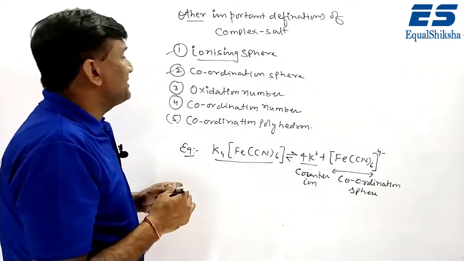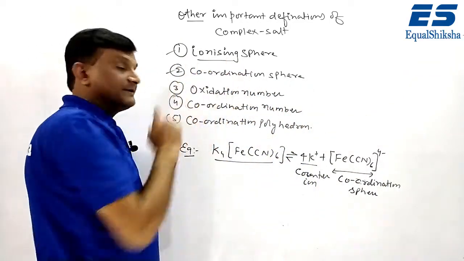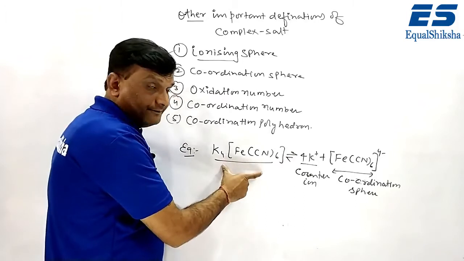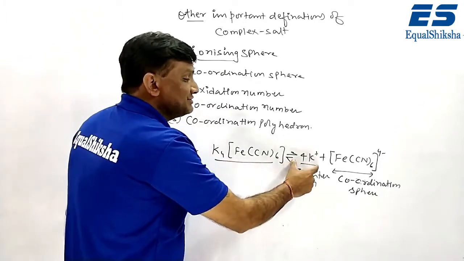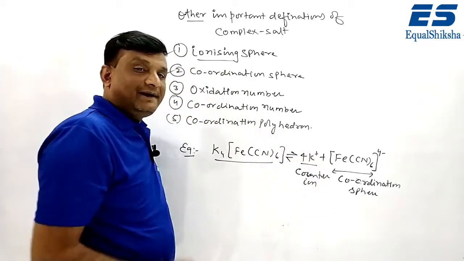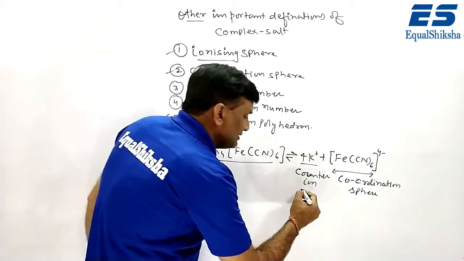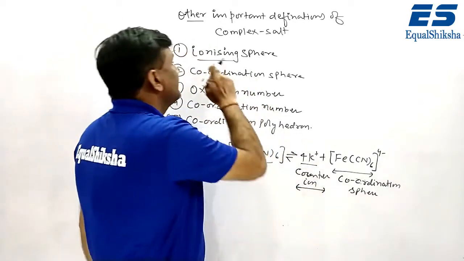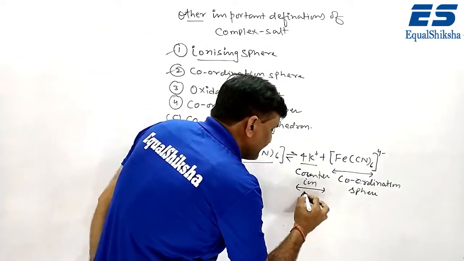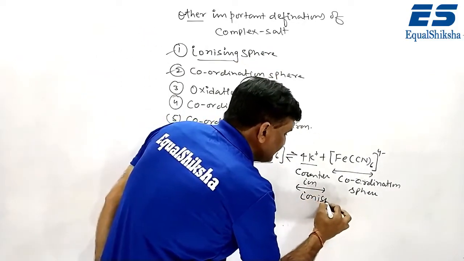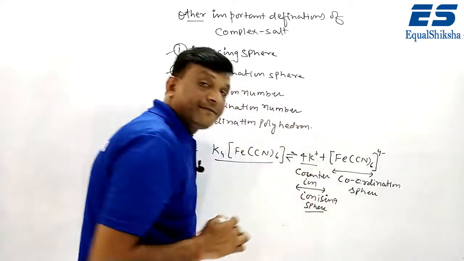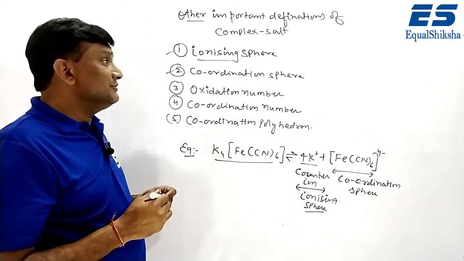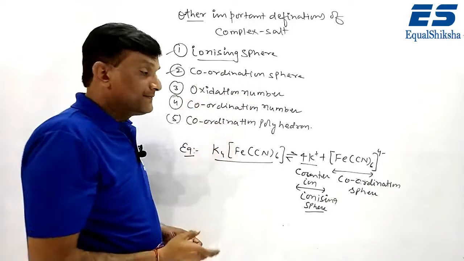So the first topic is the ionizing sphere. That part of a complex salt or coordination compound which dissociates as a counter ion is called the ionizing sphere. Second is your coordination sphere.